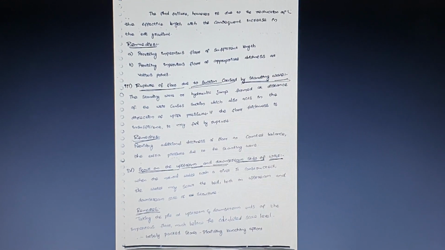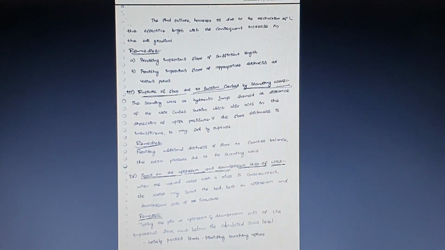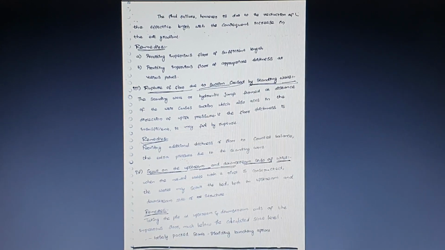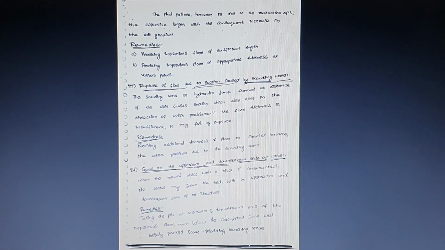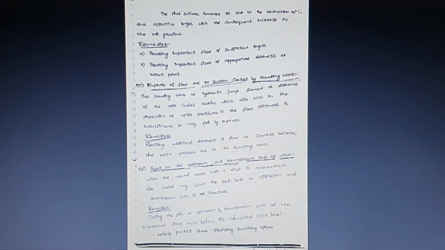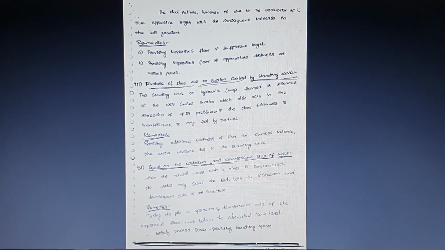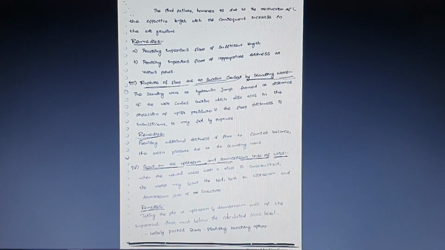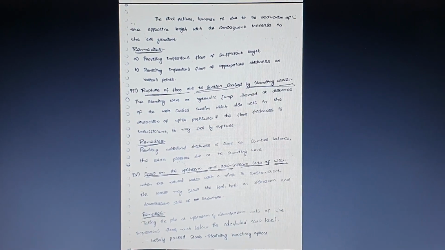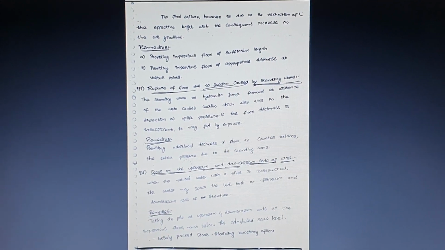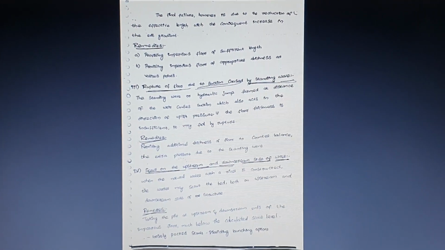Whenever the water flows along the weir, a hydraulic jump is created, and uplift pressure is exerted near the weir. This failure occurs if you do not provide sufficient thickness at that particular point. For this type of failure, the remedy is providing additional thickness of the floor to reduce the water pressure due to the standing wave.